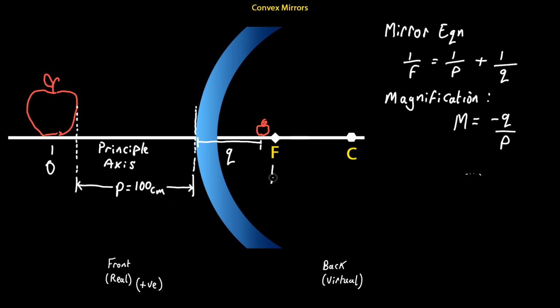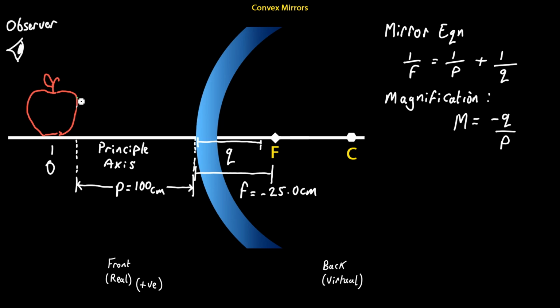The focal length of this mirror is negative 25.0 centimeters. Our goal is to find the position and the magnification of the image of this apple. So first, we'll draw out a ray diagram of this situation here, and I'll explain each step along the way.